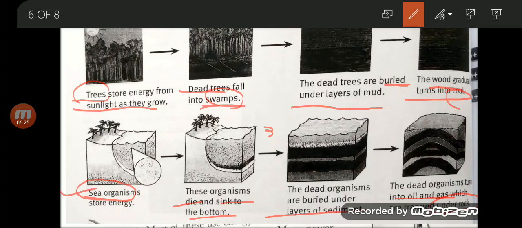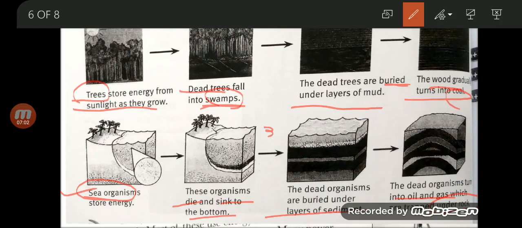When we dig and reach that rock which has trapped oil and gas, we find oil and gas inside, and we extract it and use it in our daily life. But nowadays we are using a lot of non-renewable energy resources, and they are not produced in the same quantity. That's why non-renewable energy resources are becoming less and less on the earth.